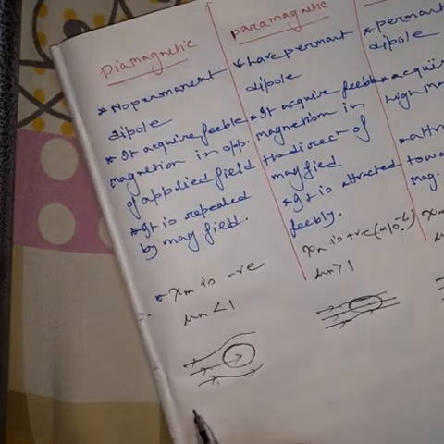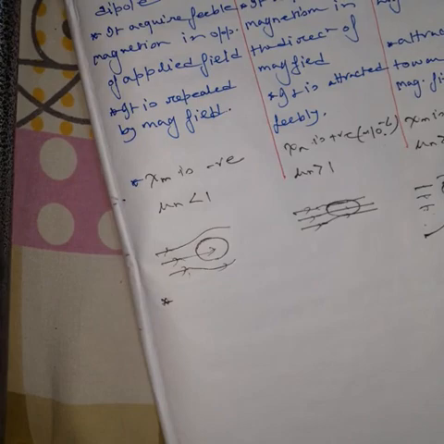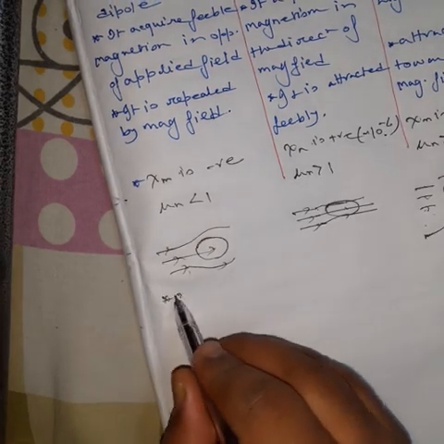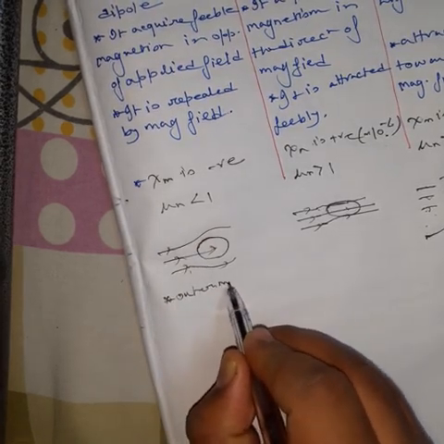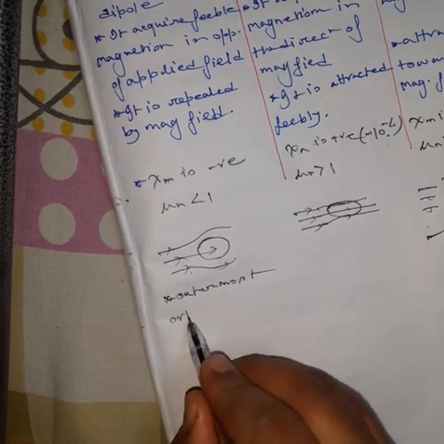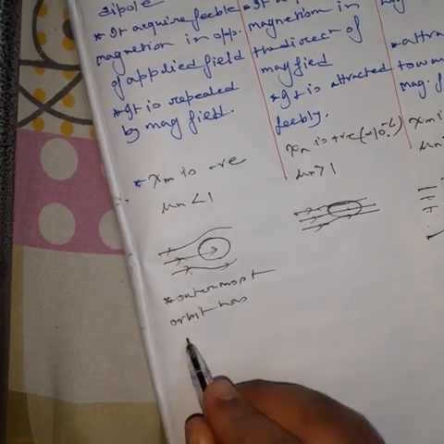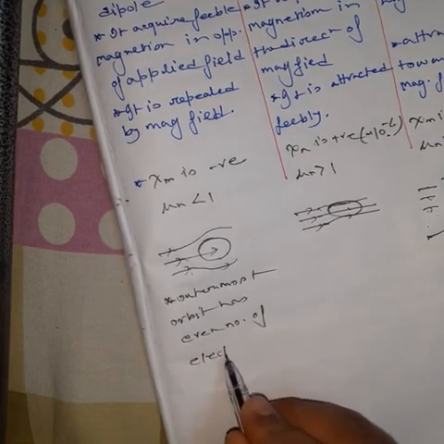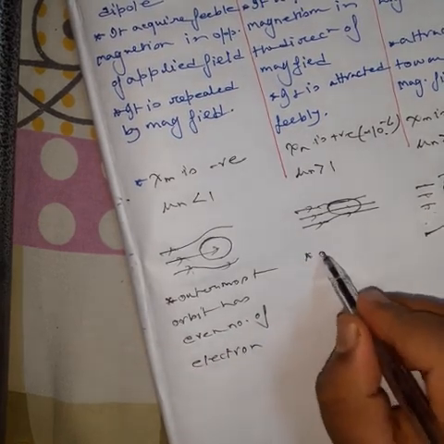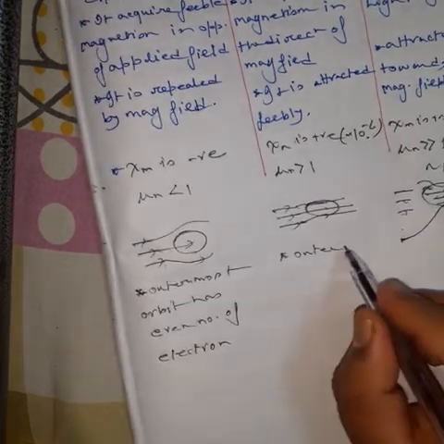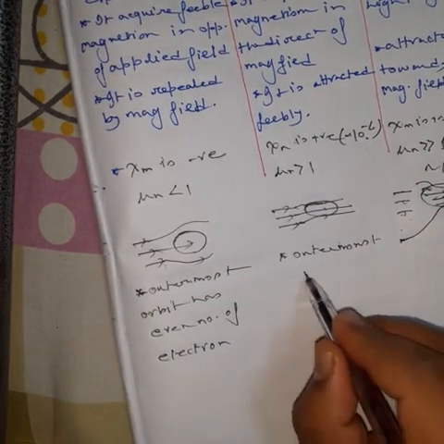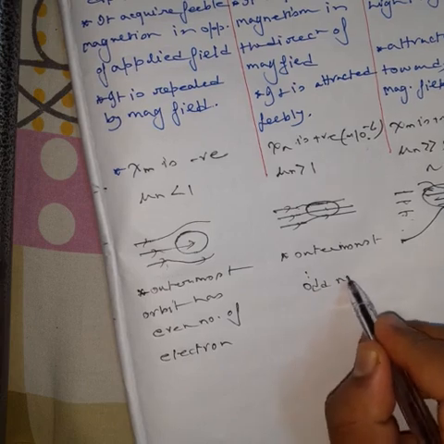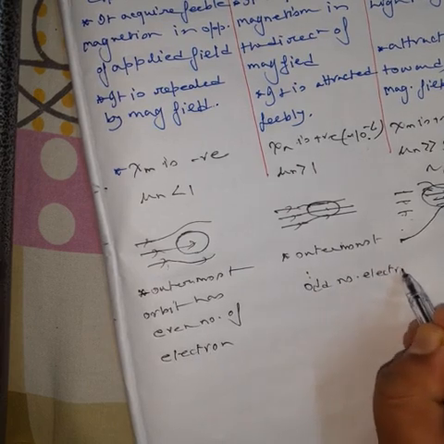Diamagnetic behaviour can be seen in material whose outermost orbit has an even number of electrons. This is for the outermost orbit having an odd number of electrons. For ferromagnetic, we don't have this.